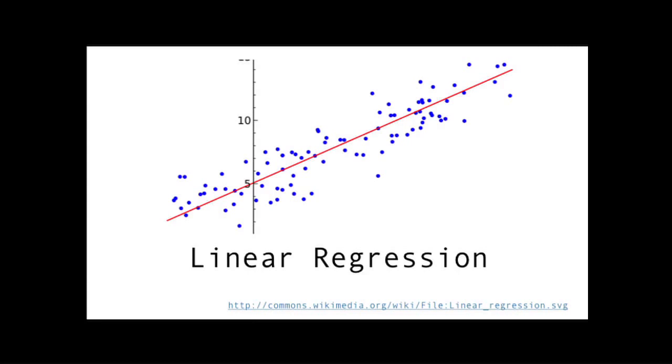In the world of statistics and machine learning, we might say that this is a system with error. But it's not clear where the error is. It could be that I have some measurement error in those blue dots, and that in the real-world system it's perfectly reflected in that red line. Or it could be that the real world doesn't actually fit a really tidy model, this y equals mx plus b line on a graph.